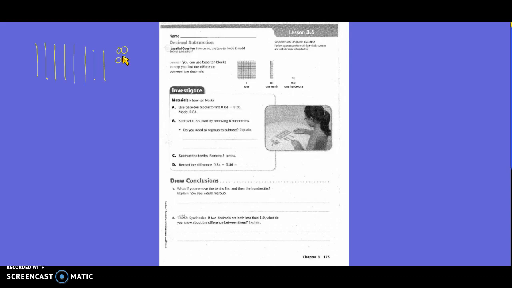Then it says, do you need to regroup to subtract? We were supposed to take 56 hundredths away from that. Do we have 6 small cubes?